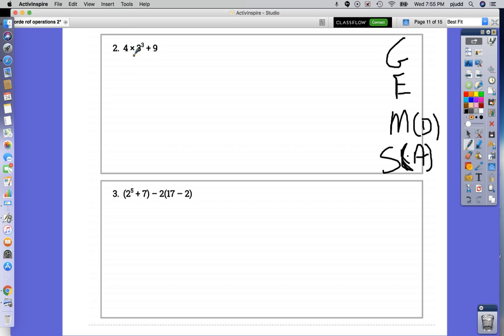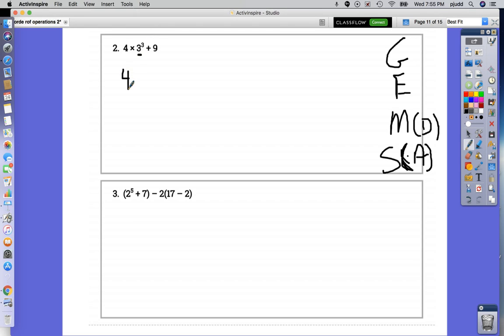And I take a look. I don't have any parentheses, so I don't have to worry about clearing that. But I do have an exponent. And then I have multiplication and addition.